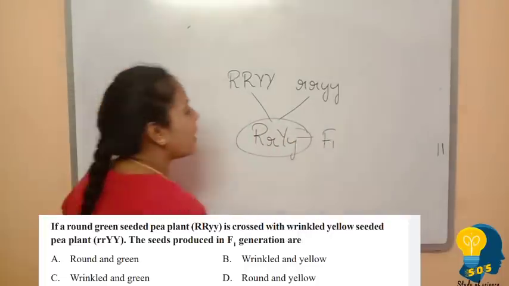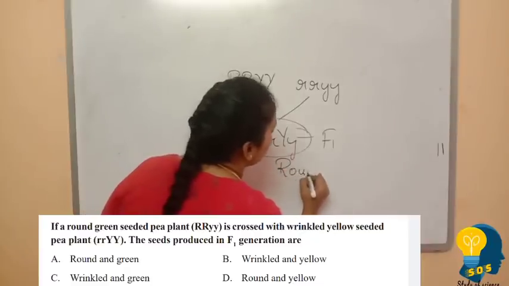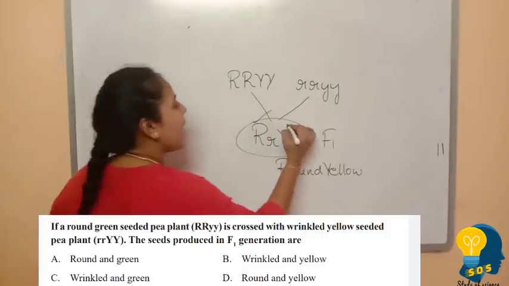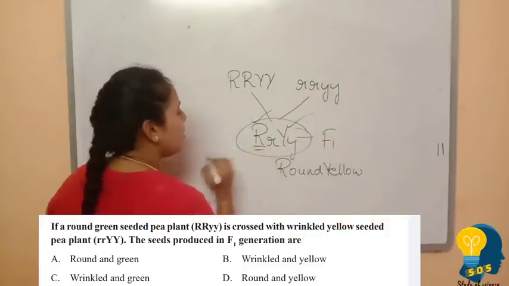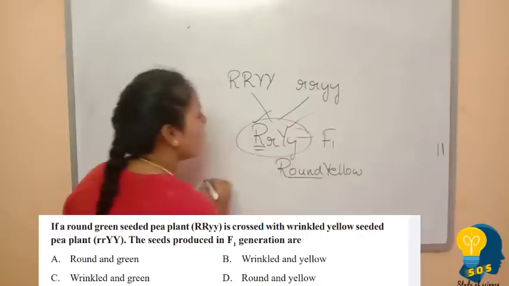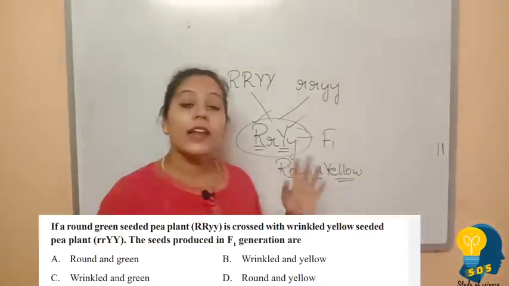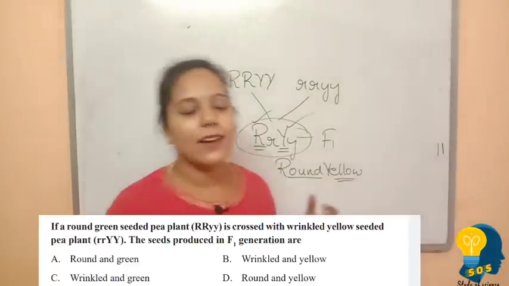So what is this called? It is called round yellow. Why is it round yellow? Because we have the dominant characters here. Capital R is a dominant character which is round. Capital Y is a dominant character which is yellow. So in F1 generation we get the answer as round yellow.